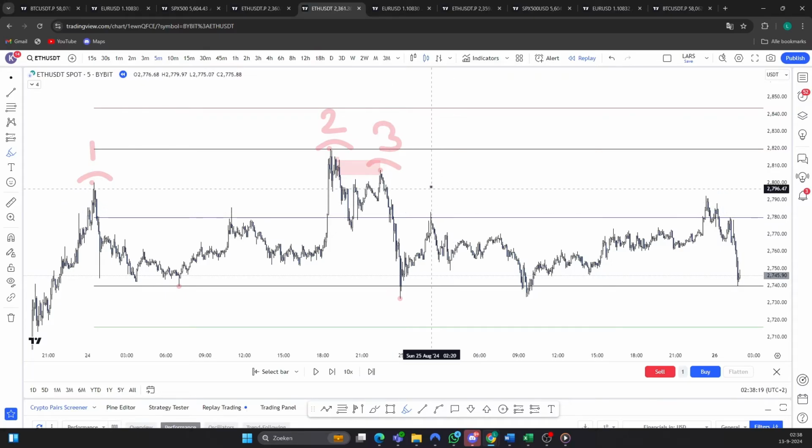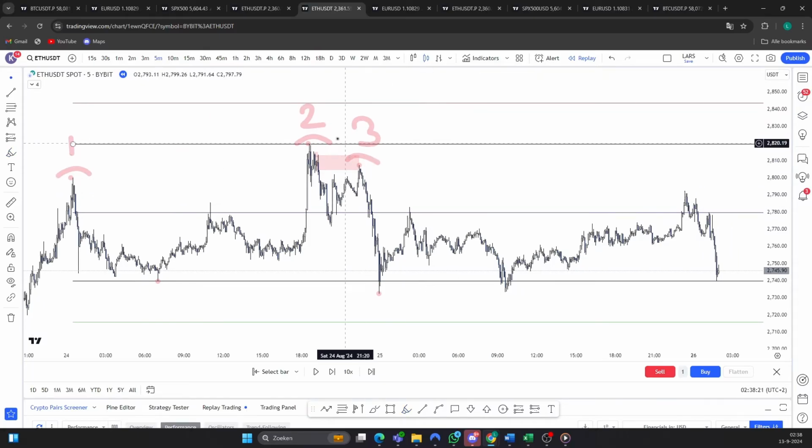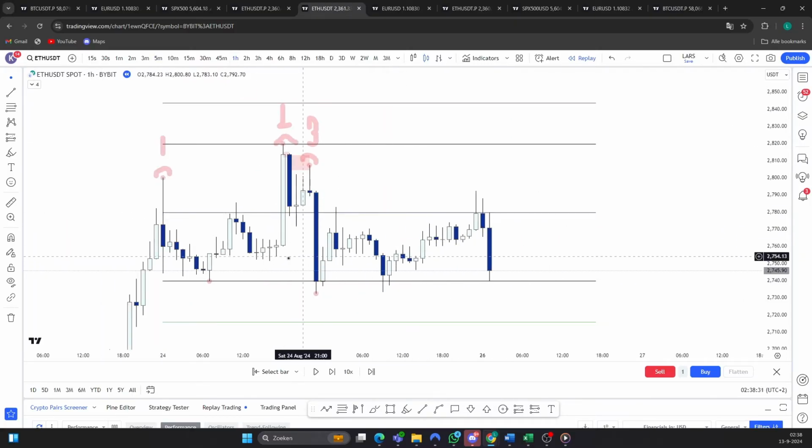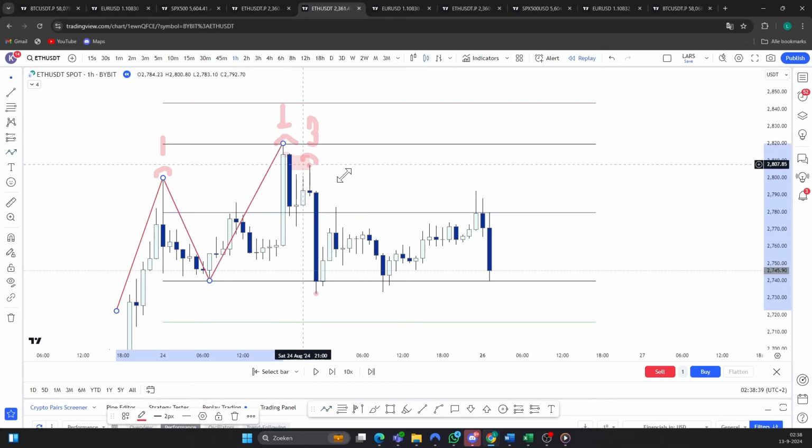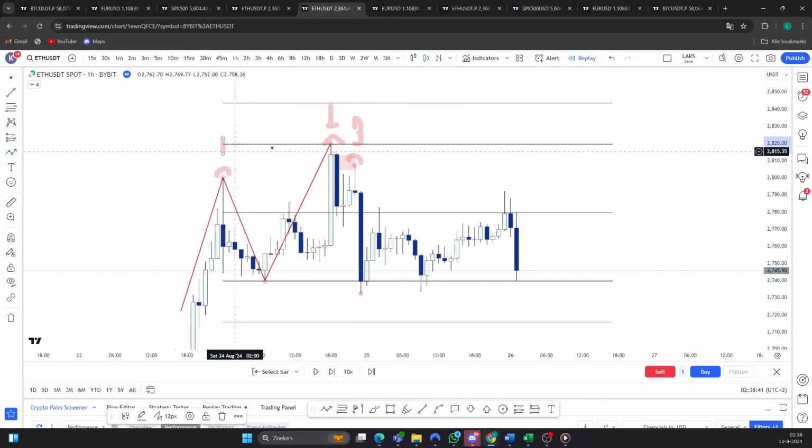Okay. However, I need to check what is the highest time frame that my range is valid on. Why? Well, if I zoom out on the 1 hour, this is a valid range because you can draw using the 6 candle rule. 2 candles down, 2 candles up, right here. So this is a 1 hour range. But what happens on the 1 hour?